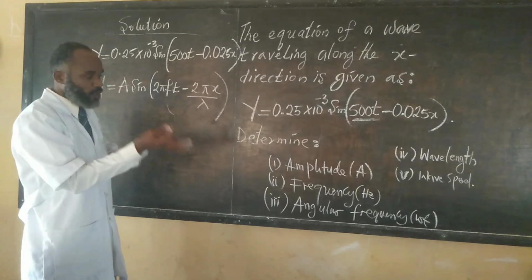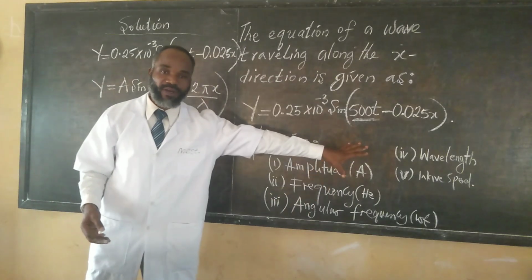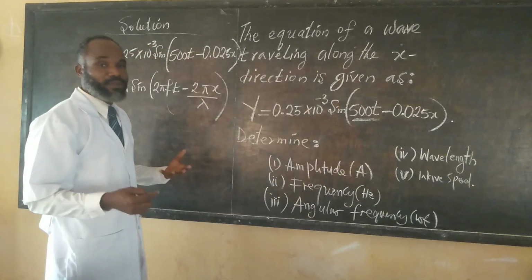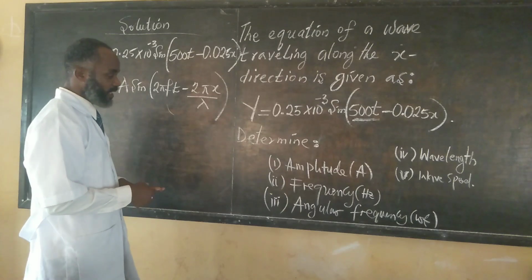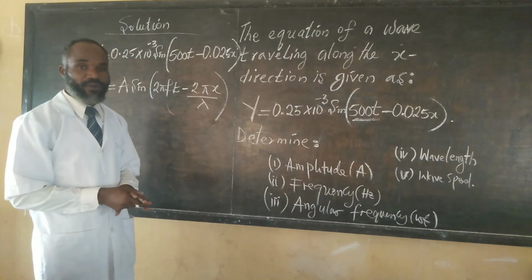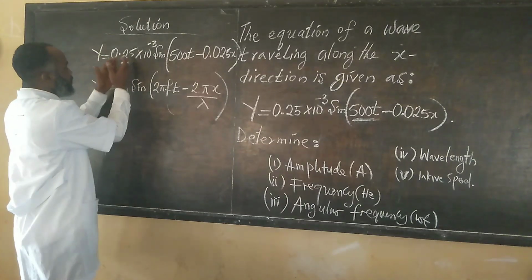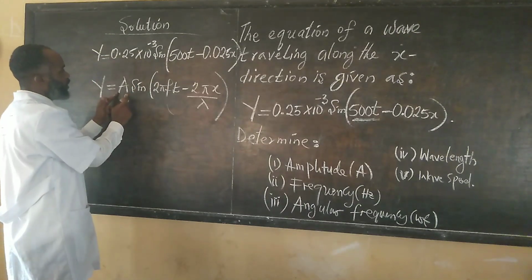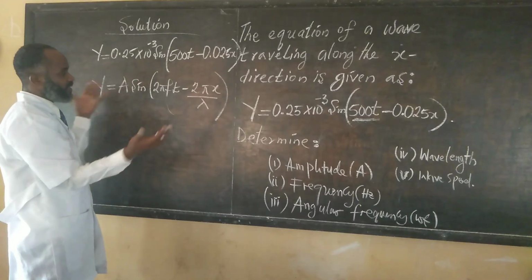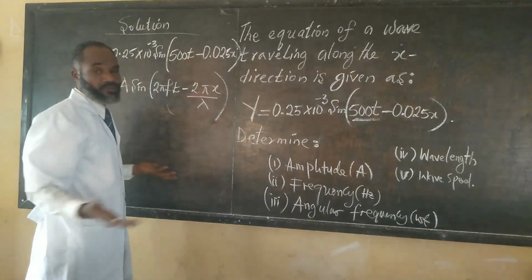Now, to solve this and find all these parameters, we need to apply the comparison method. What do we mean by that? We compare parameter-wise. Whatever we have here is the answer, and then we compare that way.